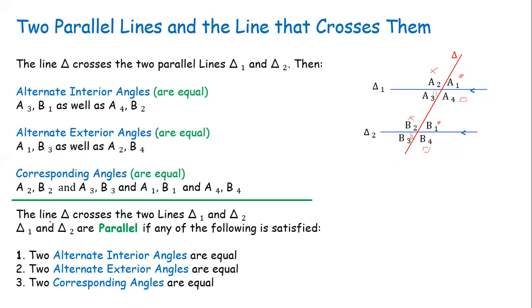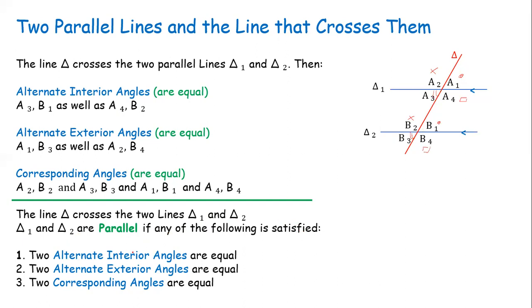And in an opposite manner, if we have a line delta that crosses two lines, delta 1 and delta 2, while we don't know that delta 1 and delta 2 are parallel to each other, and we want to prove that, how do we do that? Delta 1 and delta 2 are parallel if any of the following is satisfied.